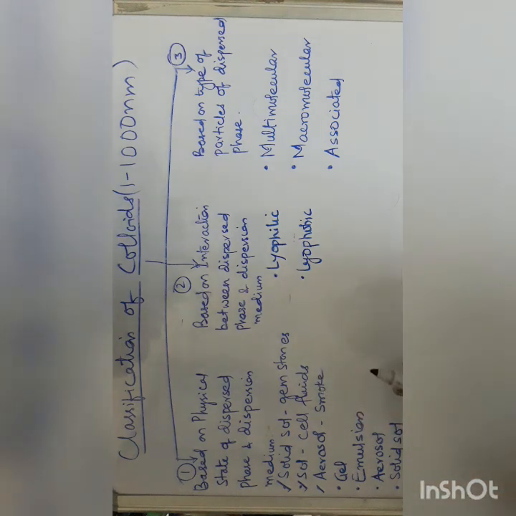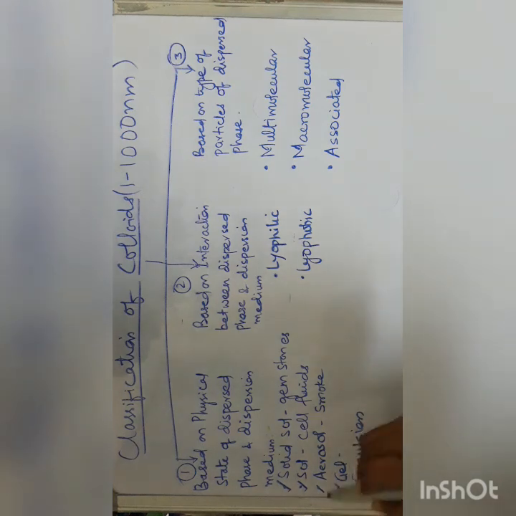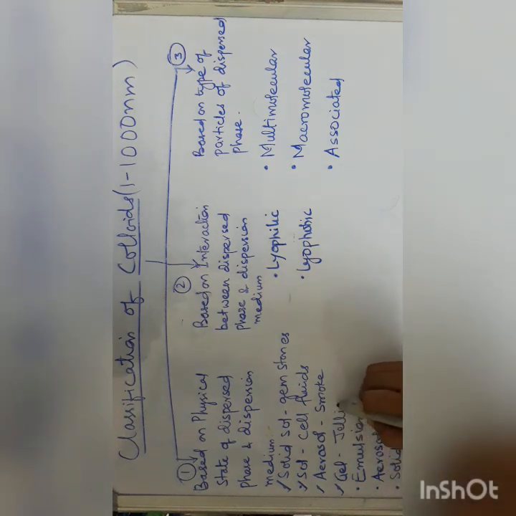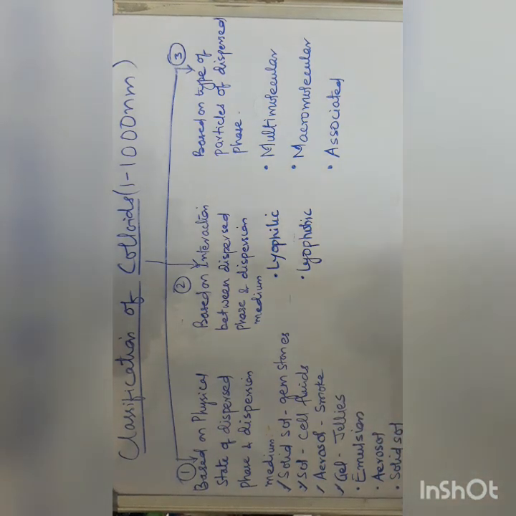Next type are called as gel. Gel means when the dispersed phase is liquid and dispersion medium is solid. Such colloids are termed as gel.